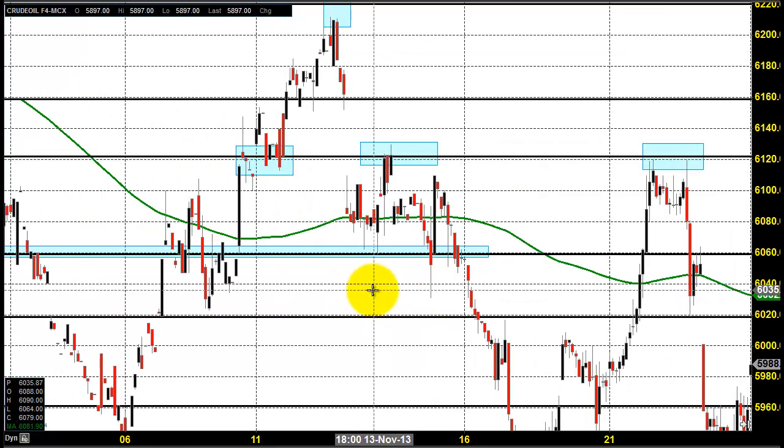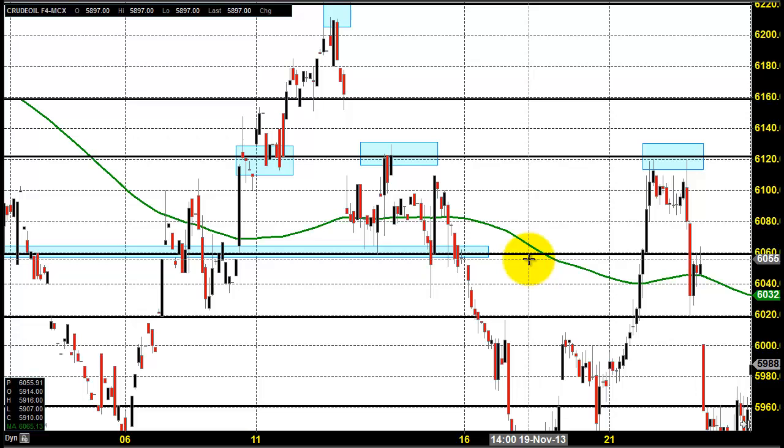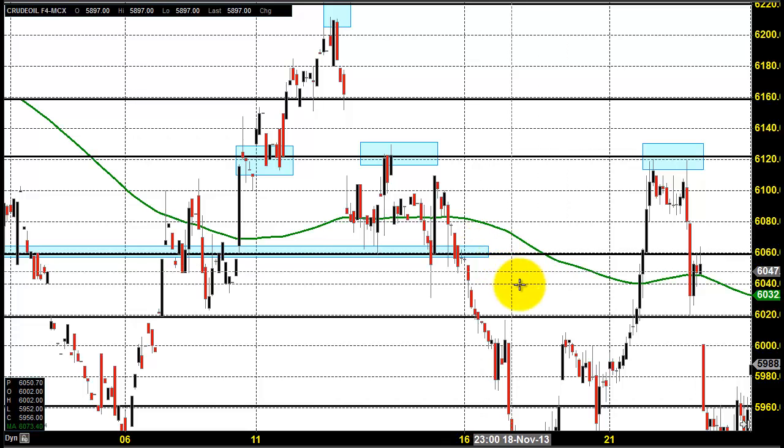You can see that in this entire contract, whenever you place the cursor, you can see the date and time below. On November 13th also, this 6060 divides this contract into two parts. If the price is above 6060, it was going for buying. If the price is trading below 6060, it's coming down for selling.